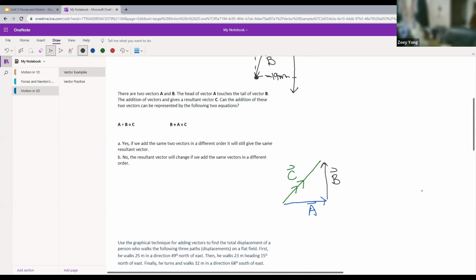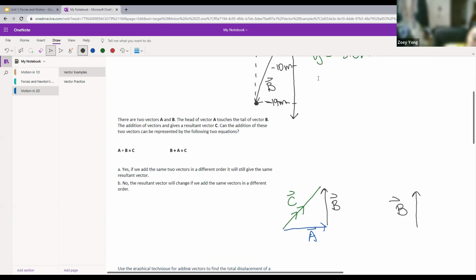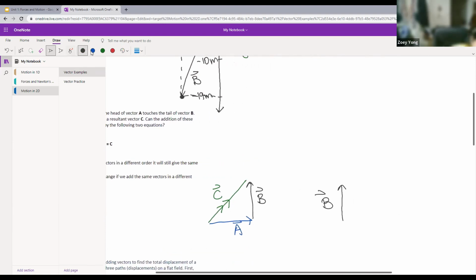If you did B plus A, it would look like this. You would go like this first. So this is B. And then you just scoot over a little. Plus A. So what's the resulting vector? It's like this. This is C. And if you look at both of these C's, they're the exact same.